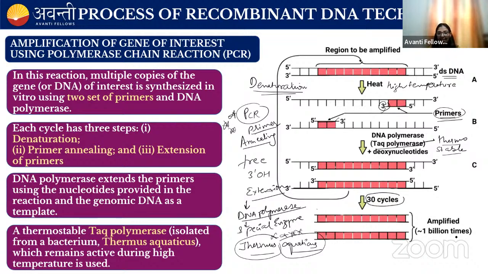In 30 cycles, the product is amplified 1 billion times. And remember the steps: the first step is denaturation, the second step is primer annealing, and the third step is extension. These are very important. Many times questions come from PCR.